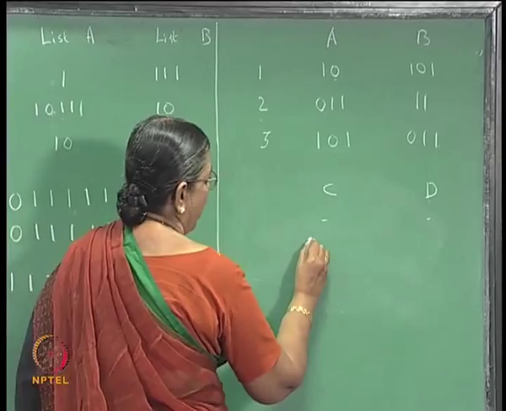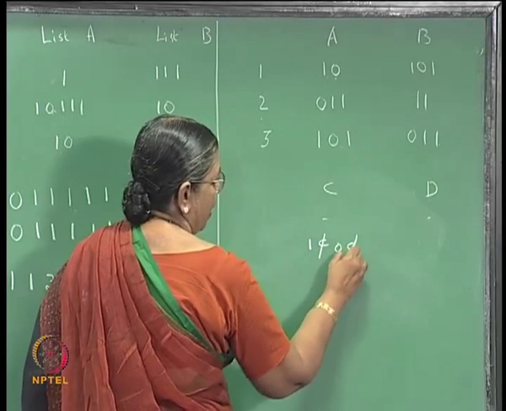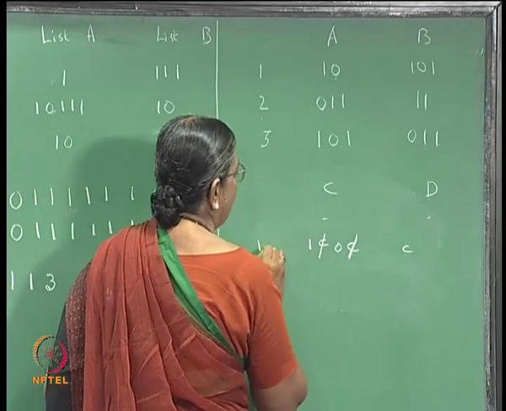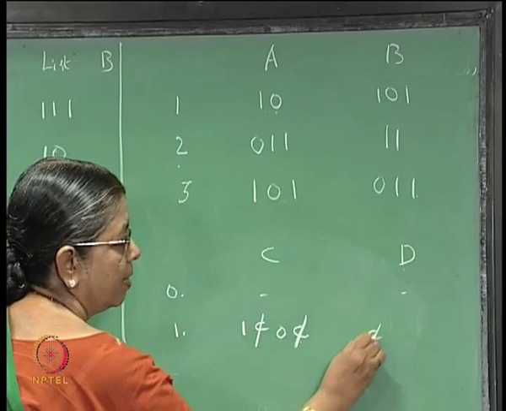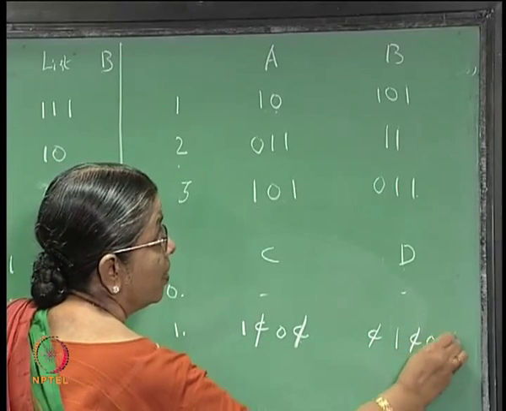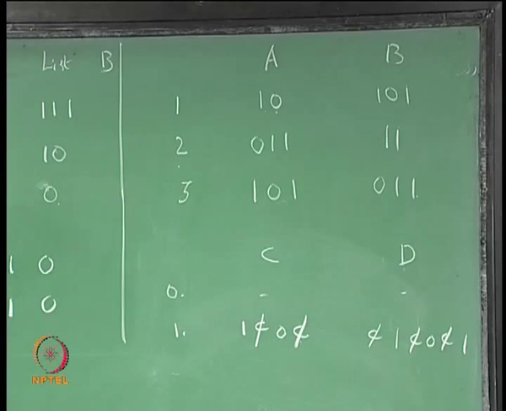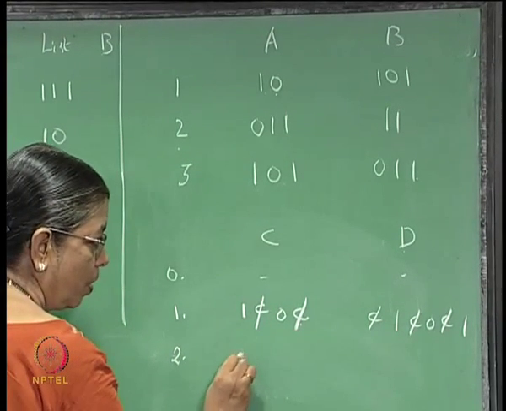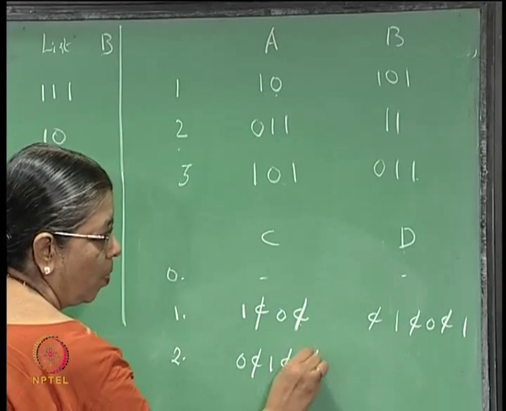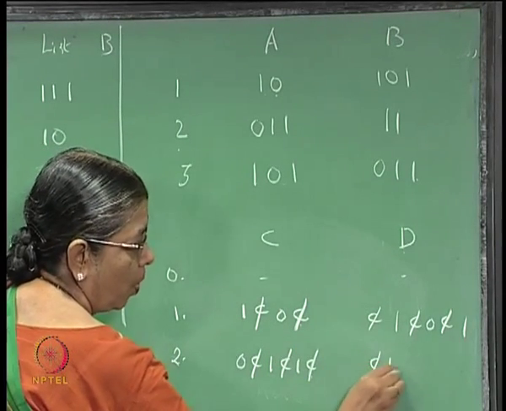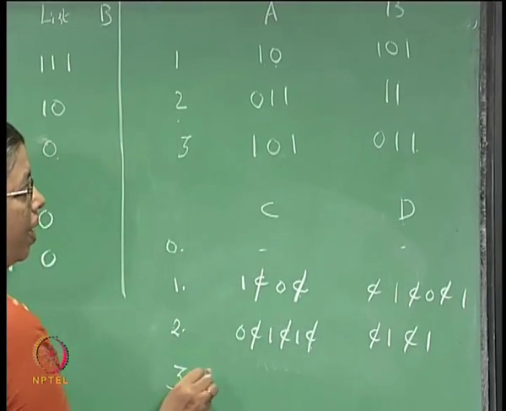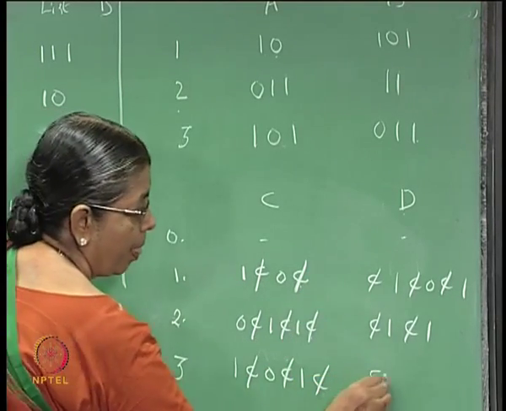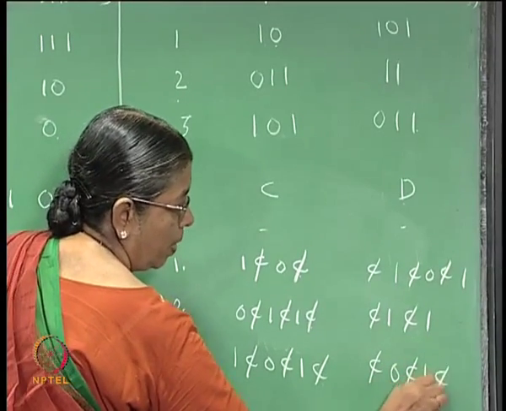In the second one, every symbol is followed by a marker sign in C, and every symbol is preceded by the marker sign in D. So for the first string, it will be 1 marker, 0 marker, 1 marker. The second one will be 0 1 1 with markers, and here it will be marker 1 marker 1. The third one will be 1 0 1 1 0 1 0 1 1 with markers.